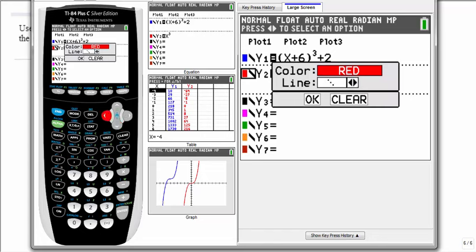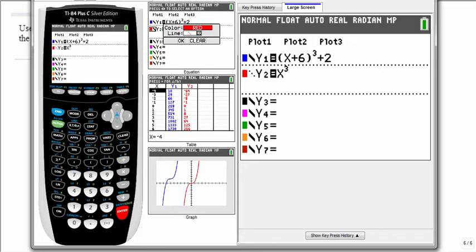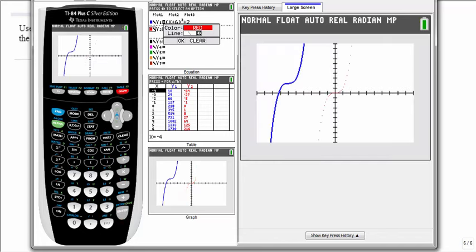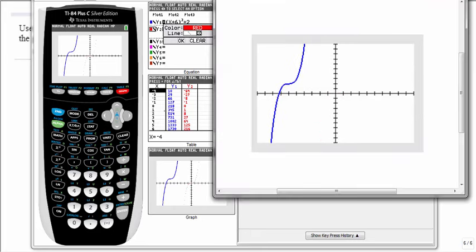Your graph will look a little bit different, I'm sure, depending on what values you choose. But if I graph these on the same set of axes, I can really see these red dots as my parent graph. So this shows nicely my parent graph, and then it also shows that transformation.